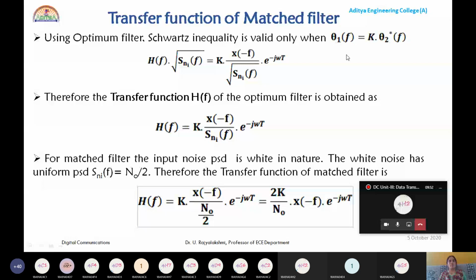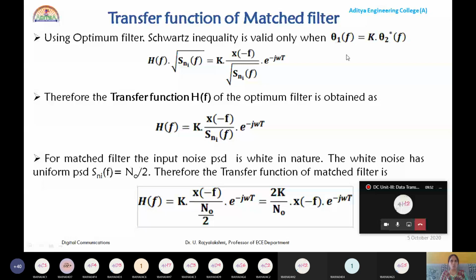Where we replaced omega as 2 pi f. Simplify it as the integral from minus infinity to plus infinity of h of f into e power j 2 pi f t df. So it is equal to, with h of f as 2k by n naught into x of minus f into e power minus j 2 pi f t.